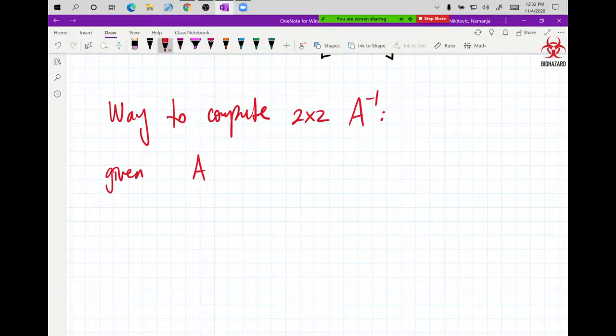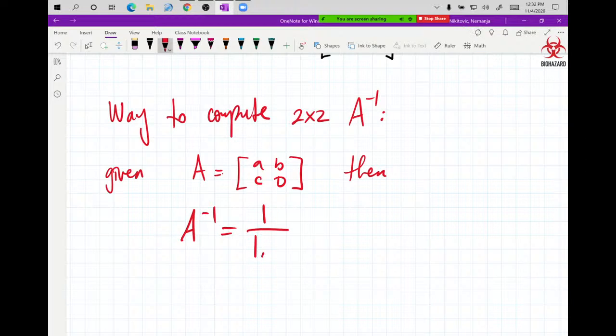Given that A is [a, b; c, d], then A inverse is 1 over the determinant of A times [d, negative b; negative c, a].